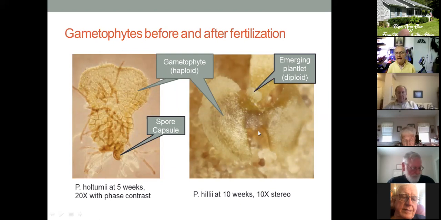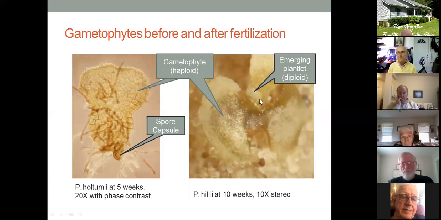This is another photo, and I apologize for the photography here, because this is actually very old methodology. But here's a mature Platycerium hillii gametophyte that's about 10 weeks old. And I photographed this using a stereo microscope at about 10x.